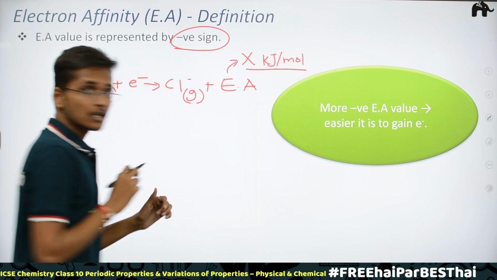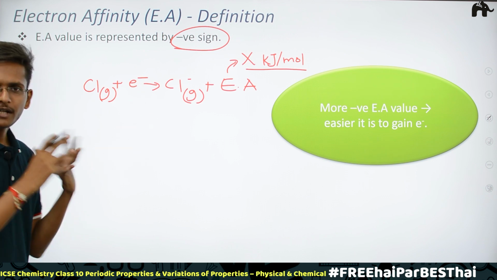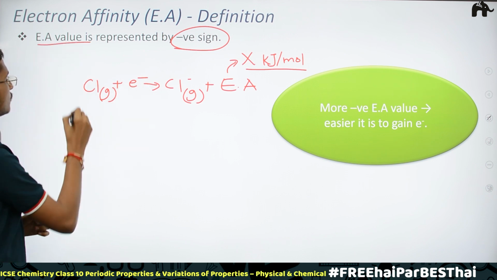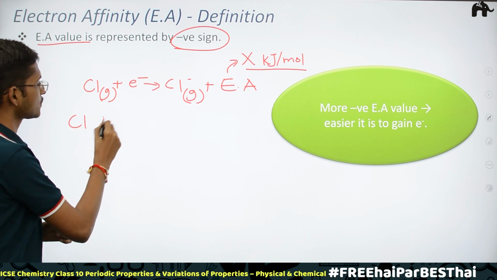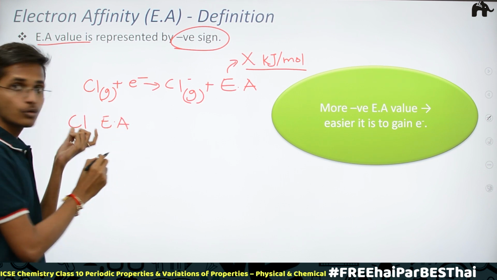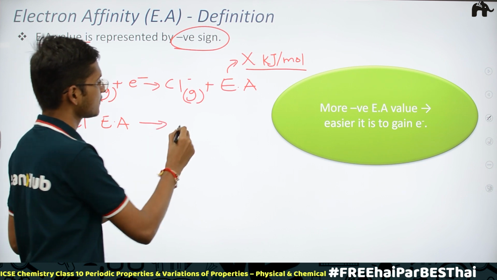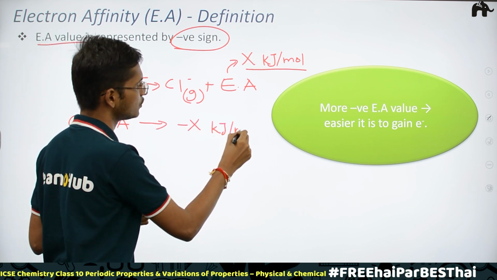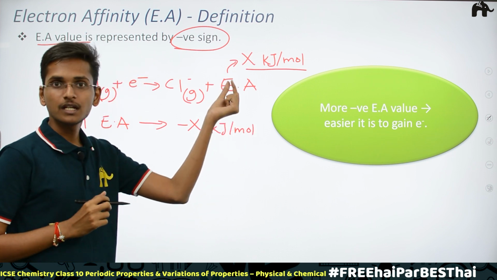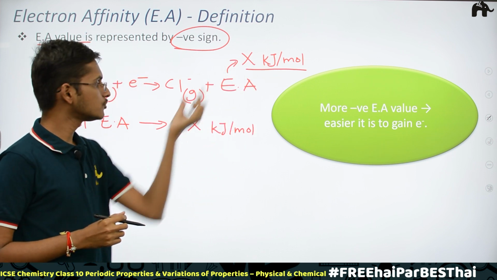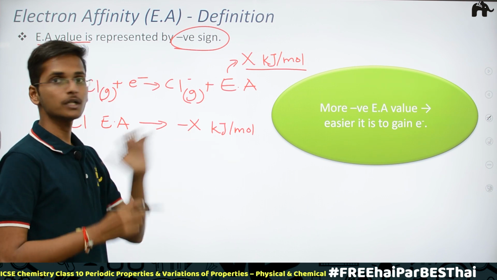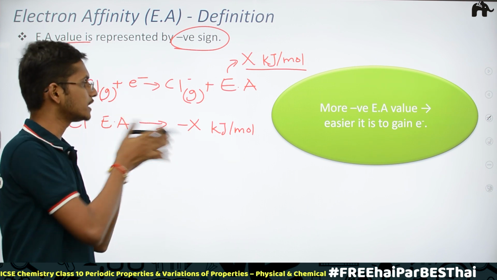What is the use of this negative sign? I'm going to tell you. From this equation, chlorine has an electron affinity of minus x kilojoules per mole. Whatever energy in kilojoules per mole is released, we represent it as minus that energy in kilojoules per mole. This is how we use the negative sign.